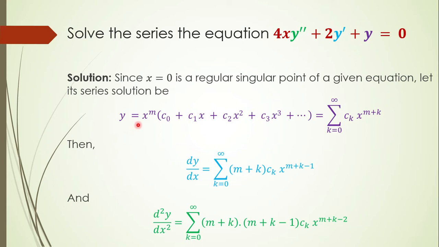y = x^m (c0 + c1x + c2x^2 + c3x^3 + ... up to infinity) = summation from k = 0 to infinity of ck x^(m+k). In the previous lecture we solved the second order differential equation taking the summation of ck x^k.